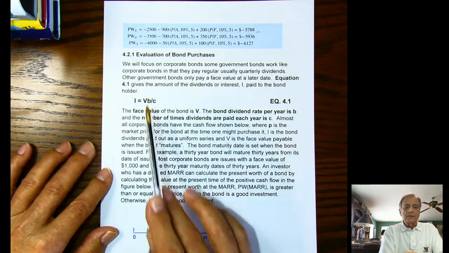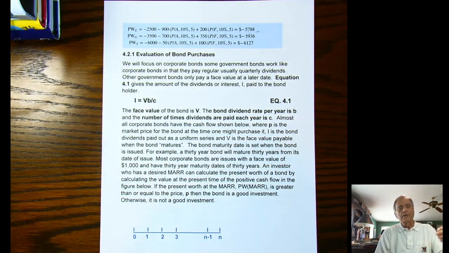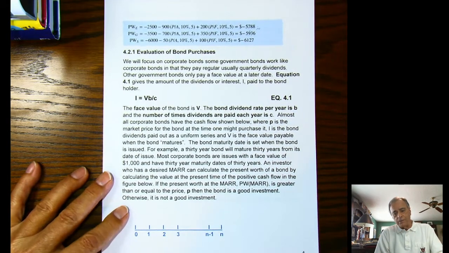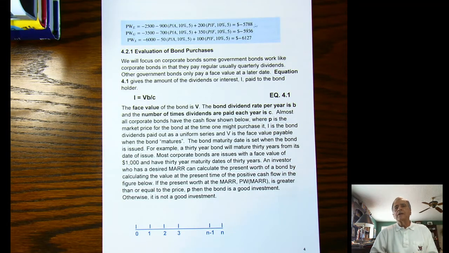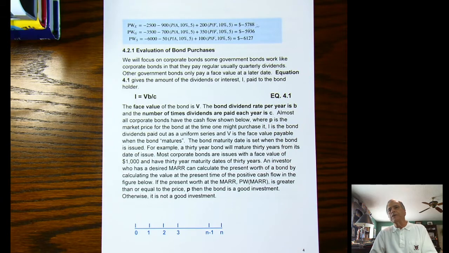Now, the next section deals with bonds, and bonds are a very unique kind of investment. I have also already mentioned that two things that are called securities, there are many others maybe, but the most common two are stocks and bonds. And so bonds are a form of investment.